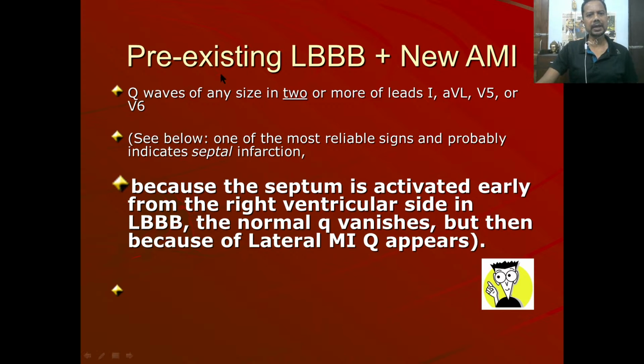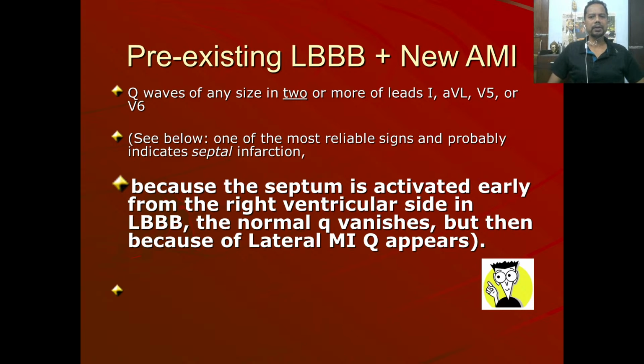And in pre-existing LBB, this is one of the hottest topics for MDs: how do you diagnose acute MI in the setting of left bundle branch block? Because the left bundle branch block totally ruins the configuration of the contours of the complexes, especially the complexes over the lateral walls. Okay, V5, V6, lead 1, aVL.